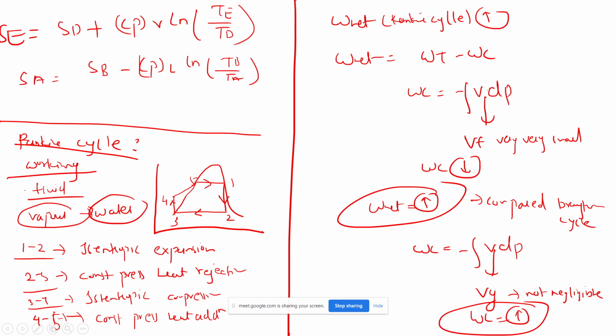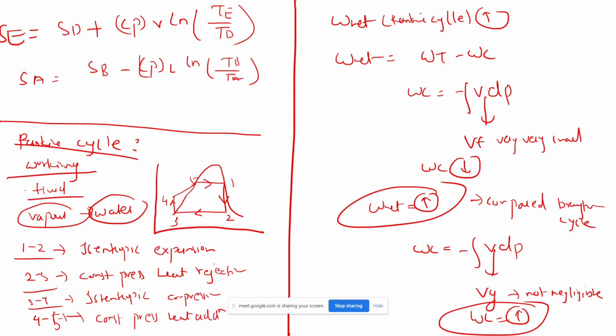Yeah, we can use superheated steam also, but for simplification I have just drawn it this way. You can also start it from the superheated region. There is no problem.